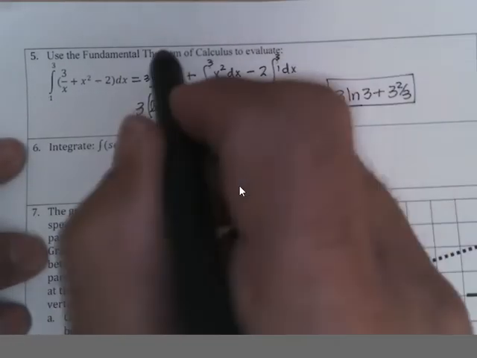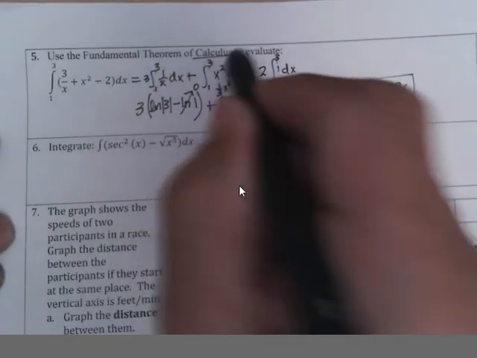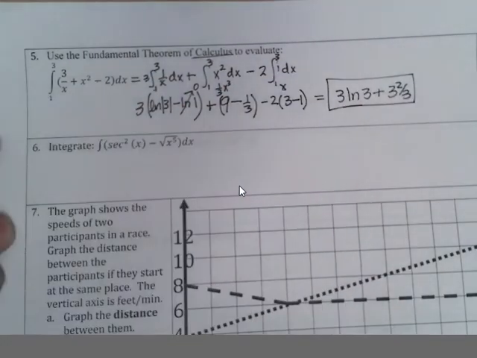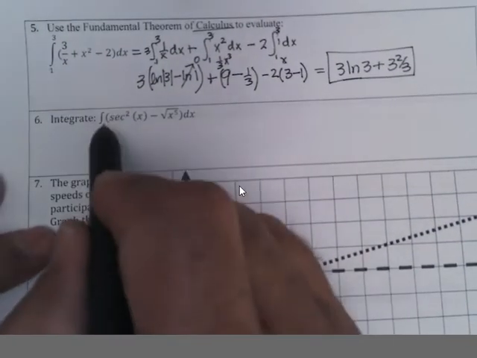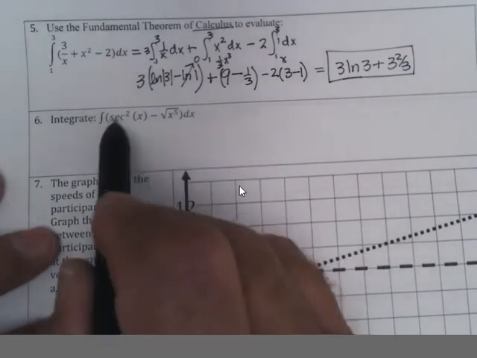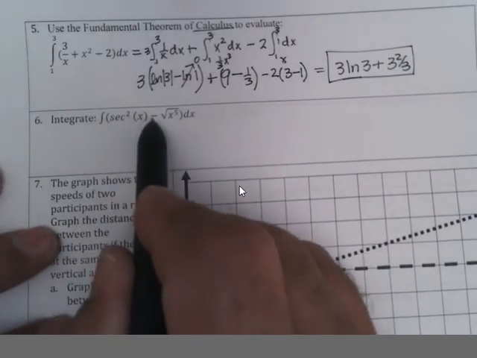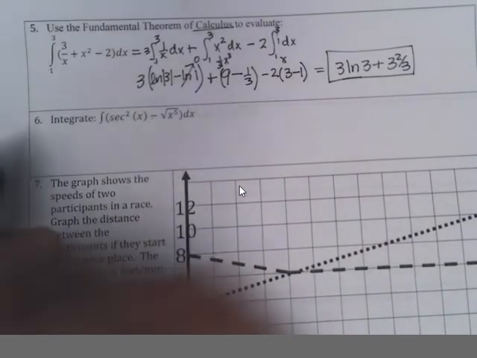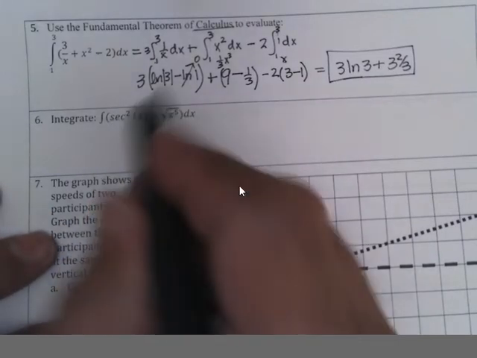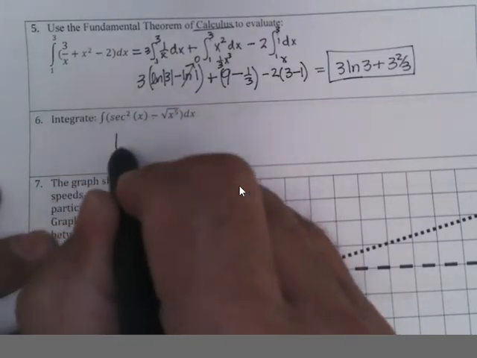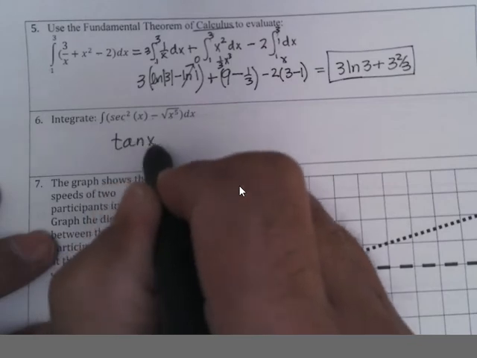This one I want you to use calculus on it, not just do the decimal approximation. And I want you to also do it on here. Now this is subtraction, so we can split these two up. And the derivative of tangent is secant squared, so the antiderivative of this would be tangent x.